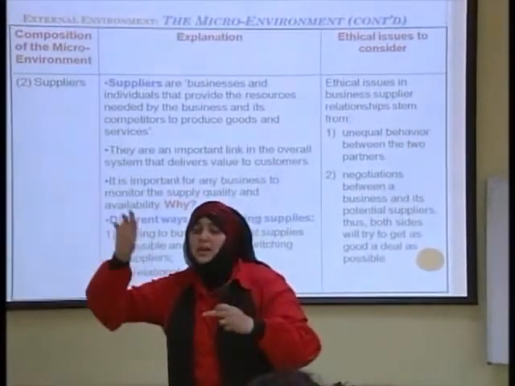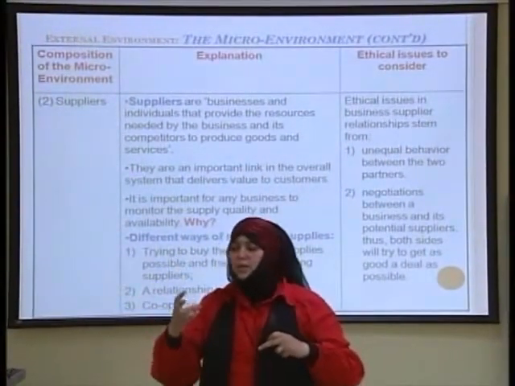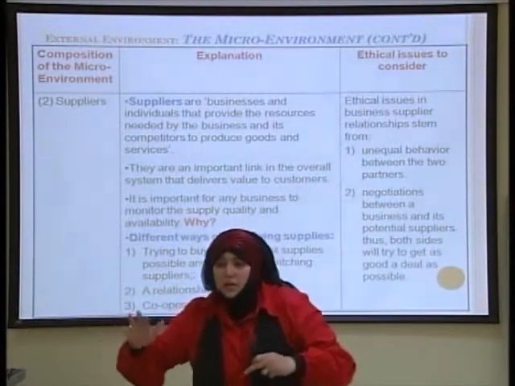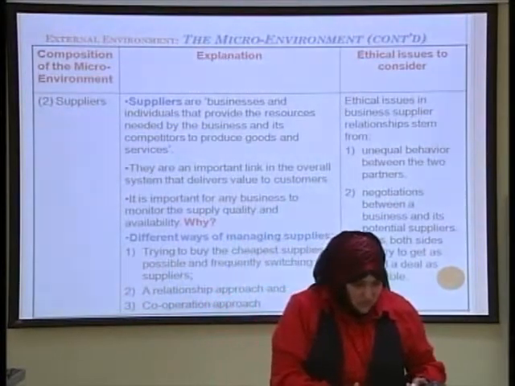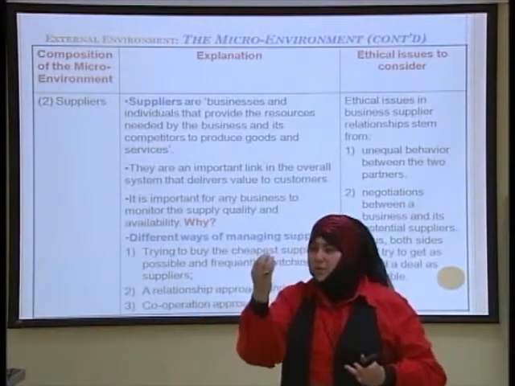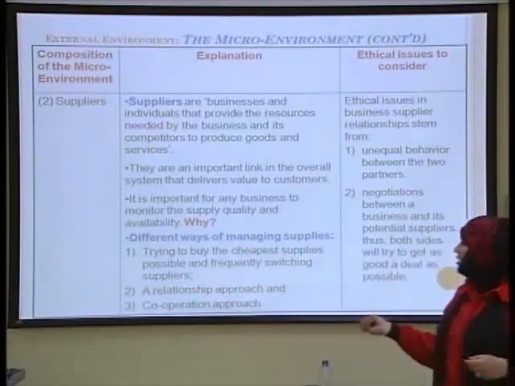They look usually for the cheapest suppliers. But usually they do that with insignificant materials like cleaning materials, like stationery materials, you know that? But when we talk about the important inputs or the inputs of the product itself, they follow the other approach, a relationship approach.